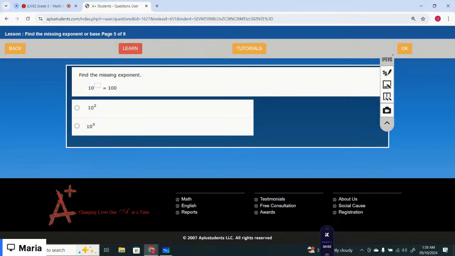Find the missing exponent, which is the correct option? That is 10 exponent 2.